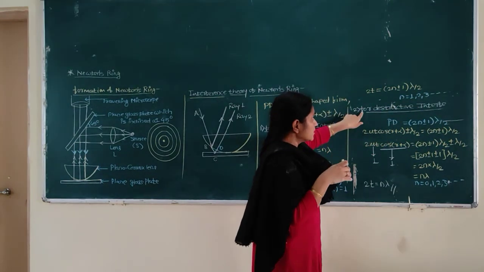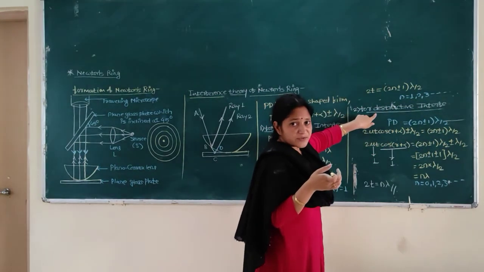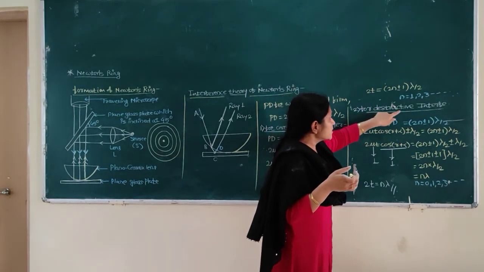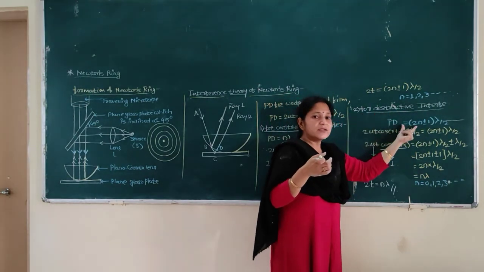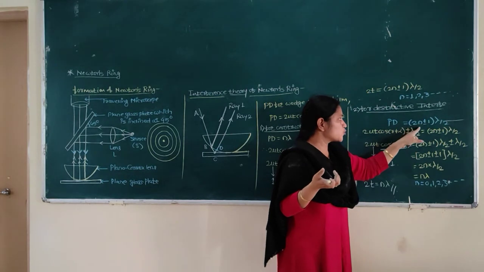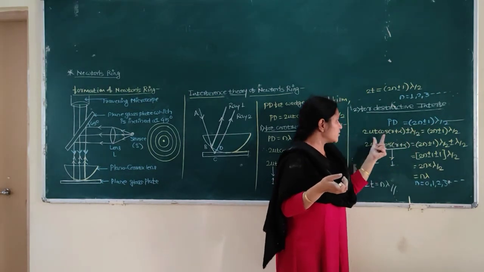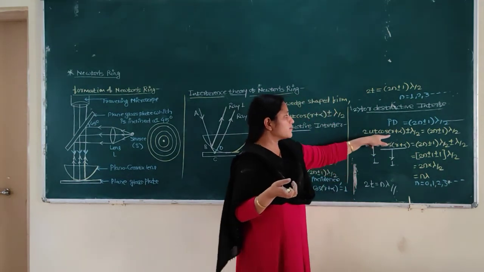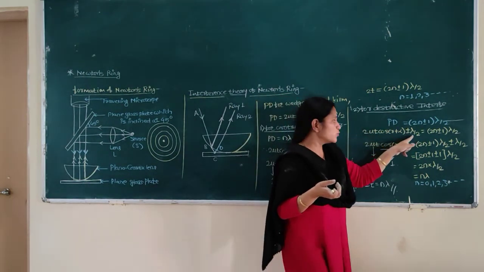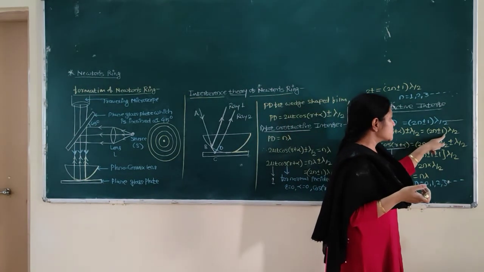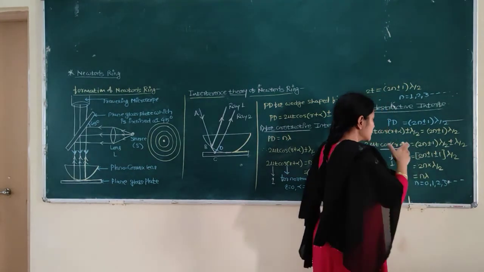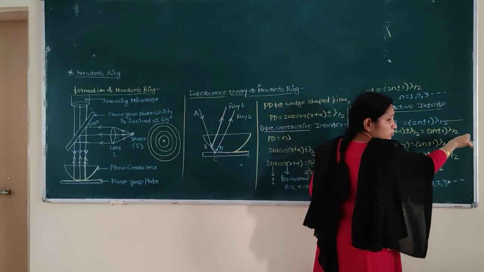Okay. Now second condition, that is for destructive interference. This destructive interference takes place when path difference between the two rays is (2n ± 1) λ/2. So we can write the equation 2μt cos(r + α) ± λ/2 is equal to (2n ± 1) λ/2. Similarly, the left hand side term will be taken to the right side.